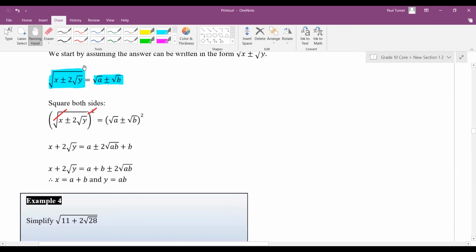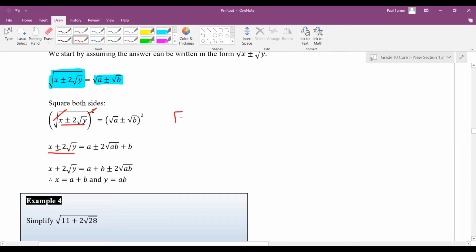So then you'll have X plus 2 root Y here, plus or minus actually. Got plus or minus there. And then on this side, you've got root A plus or minus root B squared. So this is just expanded.